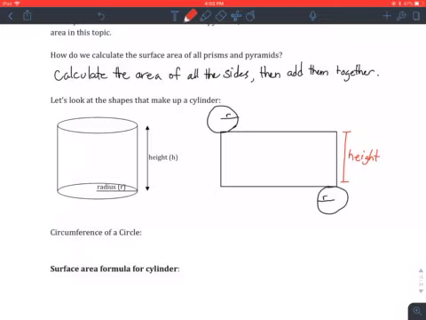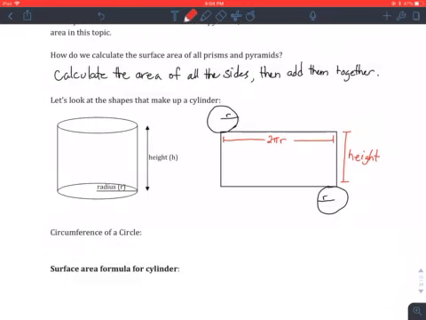The other dimension on that rectangle is going to be a little trickier to comprehend. Now that's going to be the circumference of our circle, or the perimeter of our circle. And that is denoted by 2 pi r. The other way that you could represent that is pi multiplied by the diameter, where the diameter is the two radii combined.